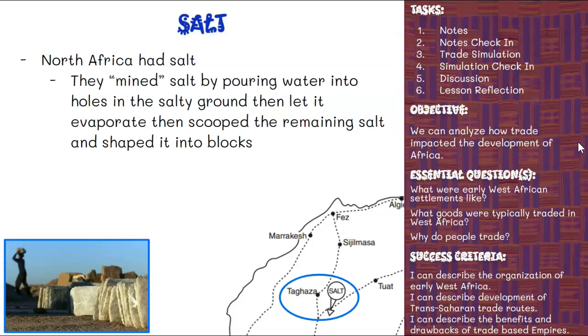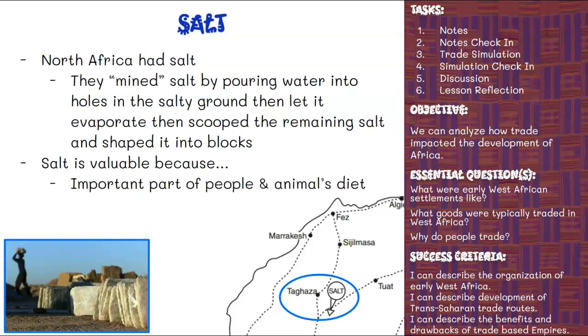As the water was evaporating, it drew the salt up to the surface, which allowed them to cut away blocks of salt from the top, which you can see down here on the left. With those blocks, they were able to do a couple of things, and it kept its value because it's an important part of people's diets and animals' diets.